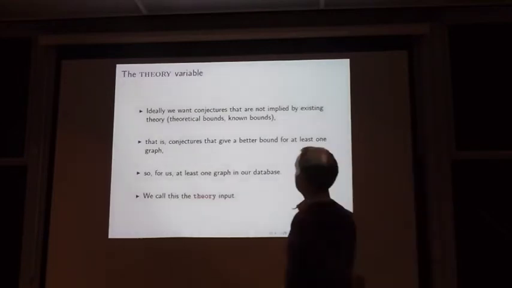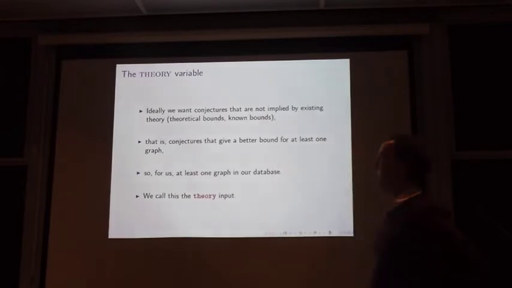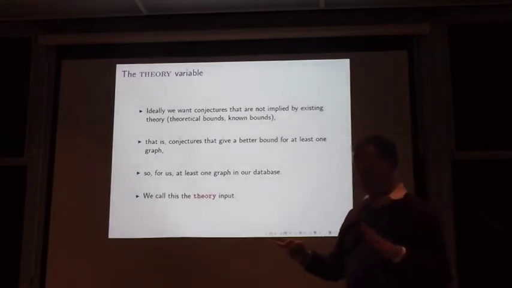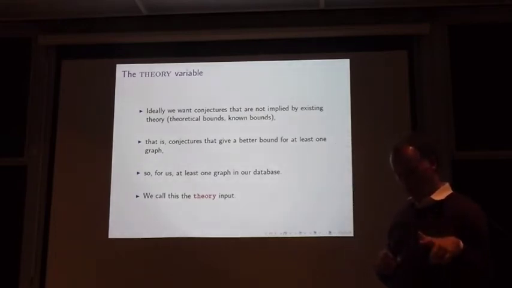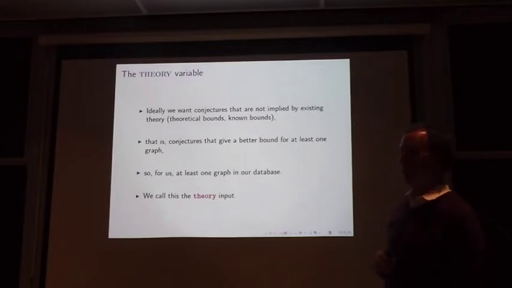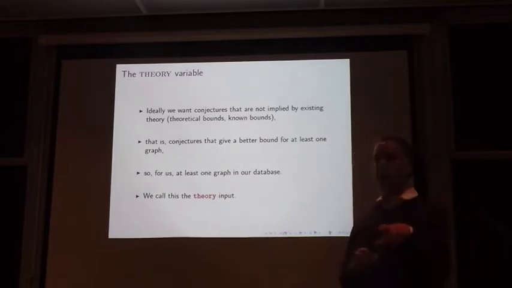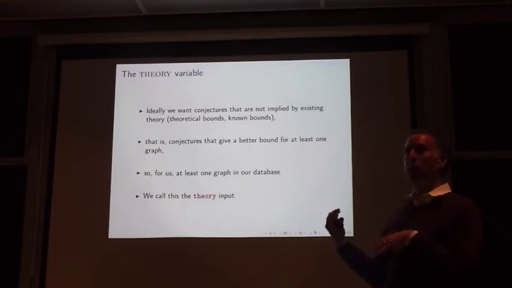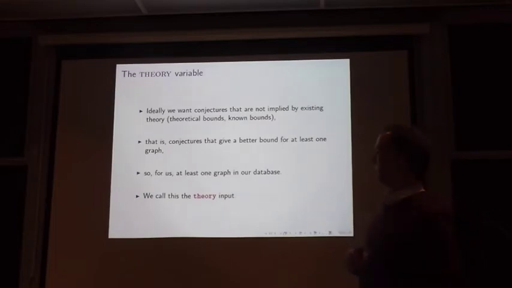I mentioned this theory variable. If you really want practical conjectures that are telling you something new, you want those conjectures to beat the existing theory in some sense. For us, that means giving a better upper or lower bound for the invariant relations conjectures.